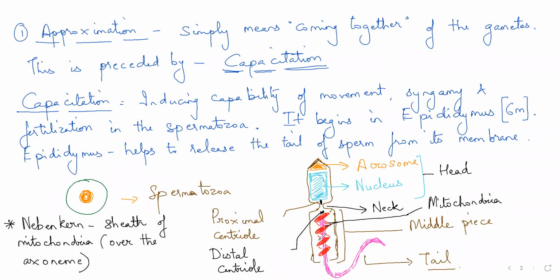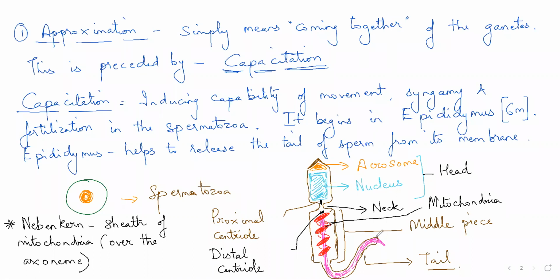There's one more thing to remember. The tail is also covered by the membrane. It's a previous year AIIMS question. Which part of the sperm is devoid of cell membrane? The answer is none of the above. The complete spermatozoa has got cell membrane.